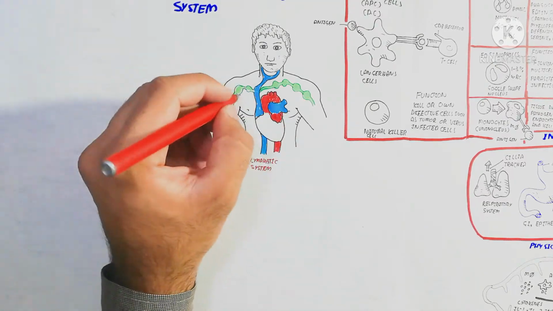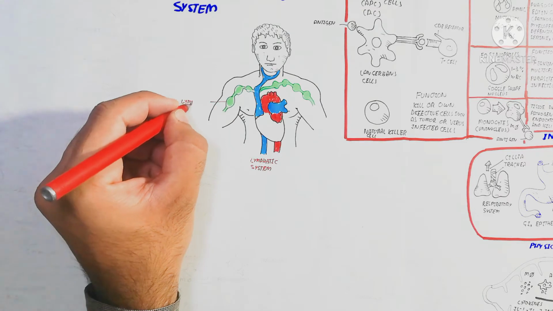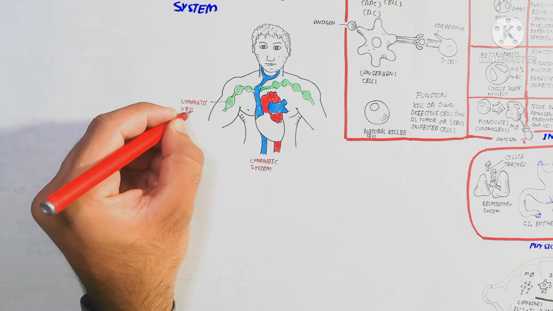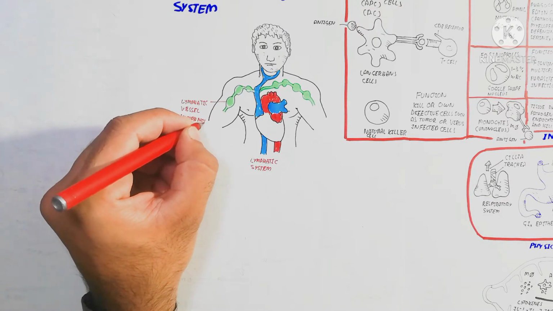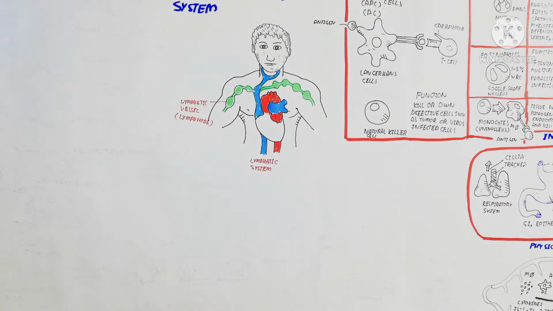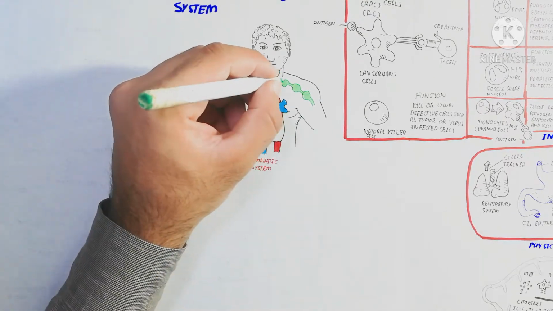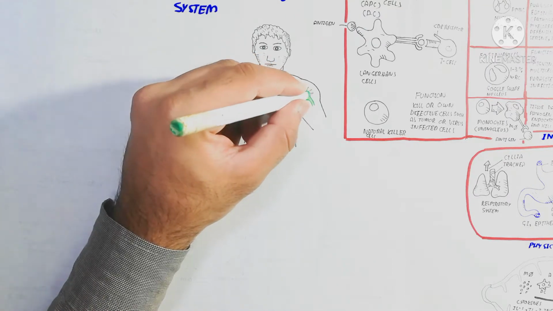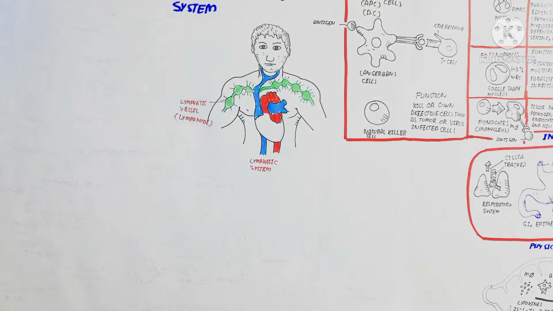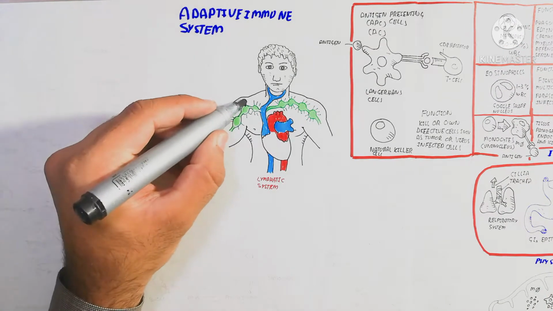Here is the body of the human, which contains a lymphatic system. This lymphatic system drains its lymphatic fluid into the subclavian vein. You can see this diagram, and the lymphatic vessel is contained here.